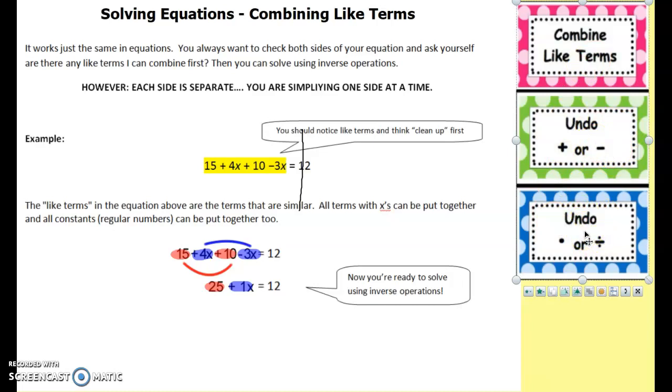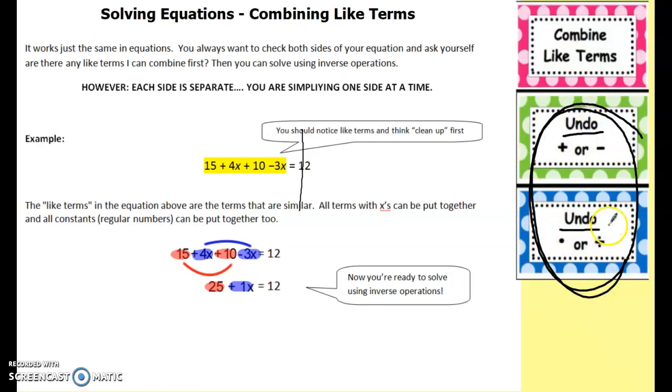One thing I want to make sure you're aware of is that when you're combining like terms, notice how I just took the symbols that I see, 4 minus 3, and got 1. You're not using any inverses until you get down to these bottom two steps. When it says undo, those are your inverse operations.